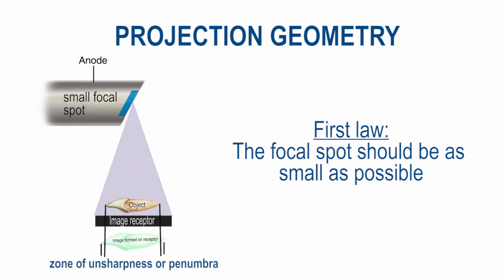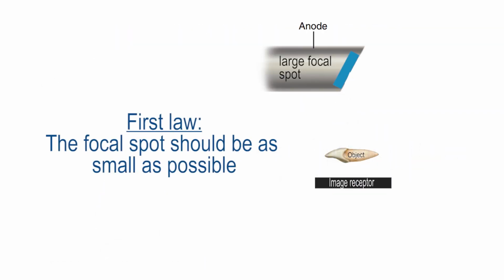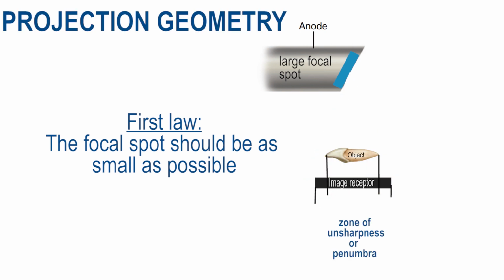As a result, the image of the edge of an object is slightly blurred rather than sharp or distinct. If we use a focal spot of larger size, then the zone of unsharpness or penumbra increases, resulting in decreased sharpness of the image edges. That is why a focal spot of smaller size is recommended.